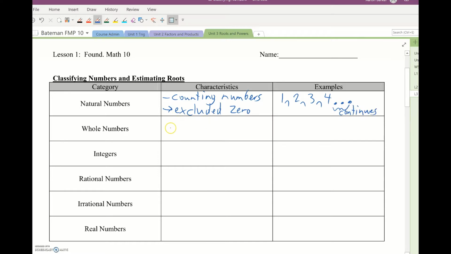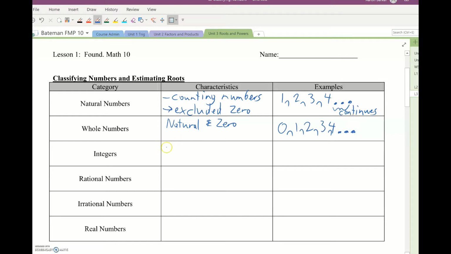Whole numbers are exactly the same, but now they include 0. So it's natural numbers plus 0, and the example is 0, 1, 2, 3, 4, dot, dot, dot. The dot, dot, dot means it continues.